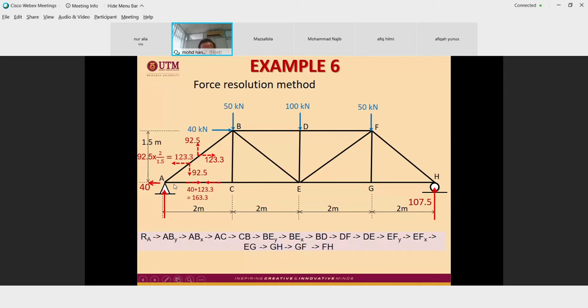Now when we know AC, then we can calculate CE. What about CB?